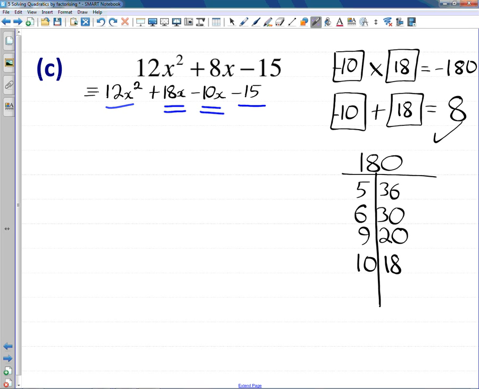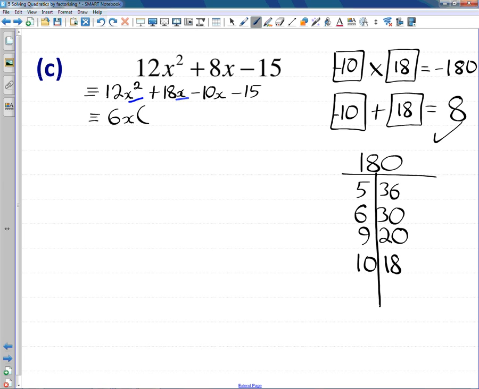Any pair, the algorithmic method will work. But I'm going to factorise those two. So the highest normal number that goes into 12 and 18 is 6, and then the highest letter that goes into both of them is an x. So that's what I pull out.